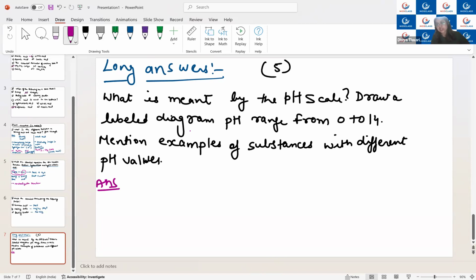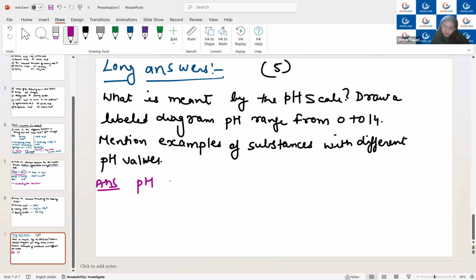So pH scale generally we use to measure the strength of the hydronium ion in a particular solution. Okay, so you can say that in pH scale, P stands for power and H stands for H plus ion.